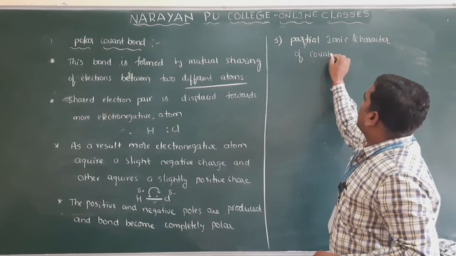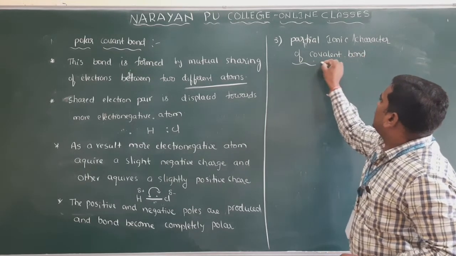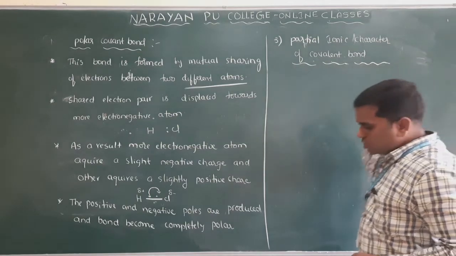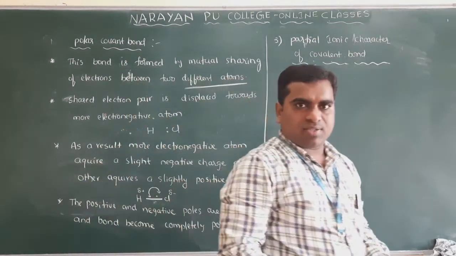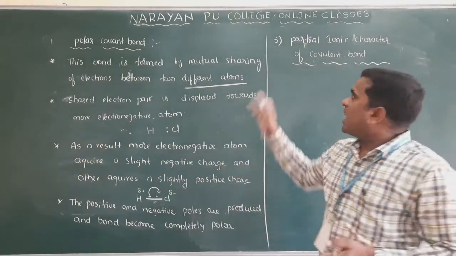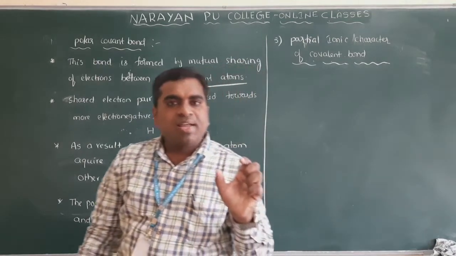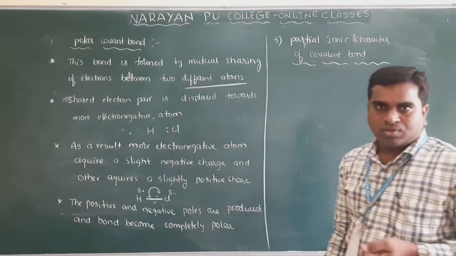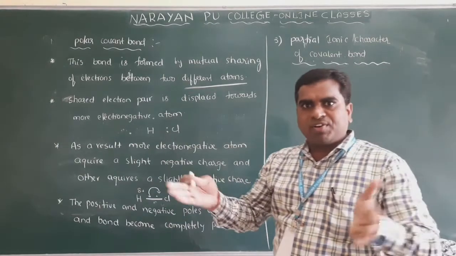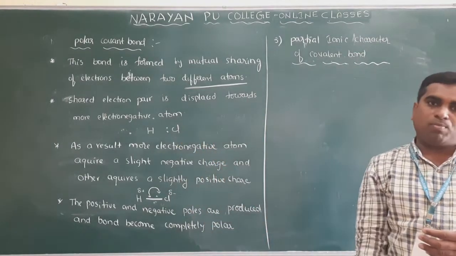So covalent bond also sometimes has ionic character. The ionic character of the covalent bond depends upon the electronegativity difference between the two atoms. The greater the electronegativity difference, the more will be the ionic character in that covalent bond.